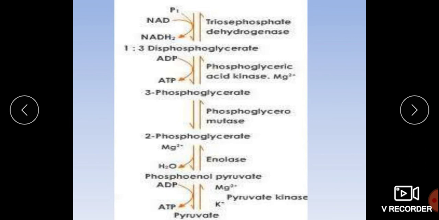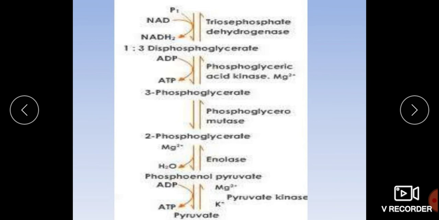The enzyme for this reaction is enolase, and once the phosphoenol pyruvate gets formed, a phosphate molecule from phosphoenol pyruvate gets released, and it is accepted by an ADP molecule and forms an ATP.